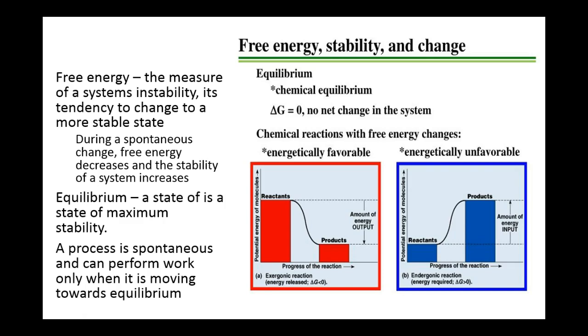The potential energy level of the reactants in an endergonic reaction starts out very low comparatively, and then energy is put into those reactants to create products. What we're talking about here is exergonic, otherwise known as catabolic, breaking down, and endergonic, otherwise known as anabolic pathways, building up.